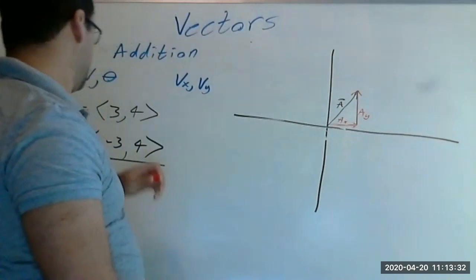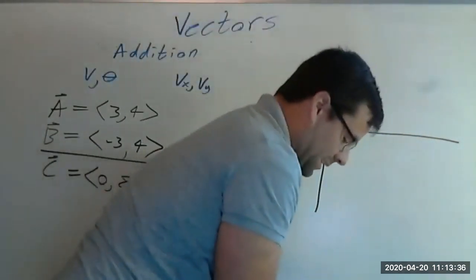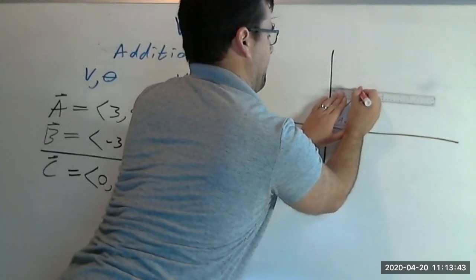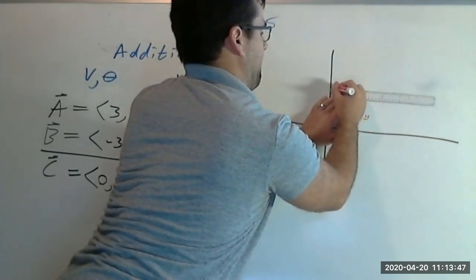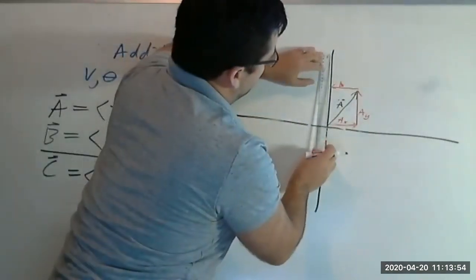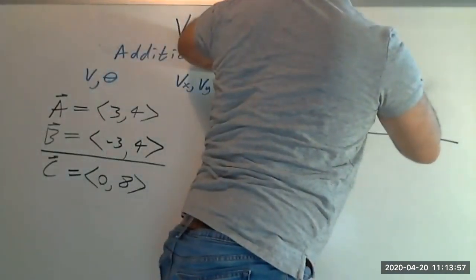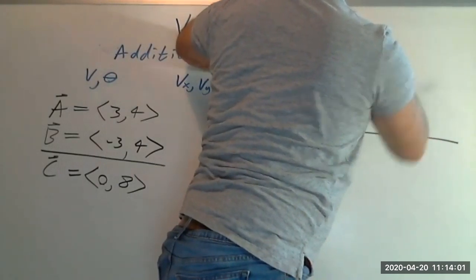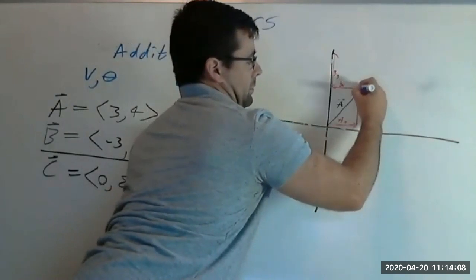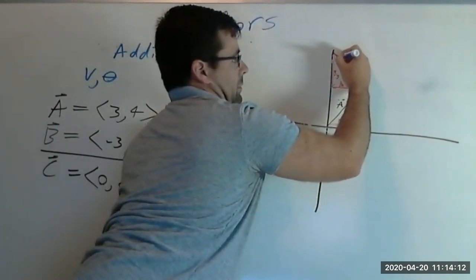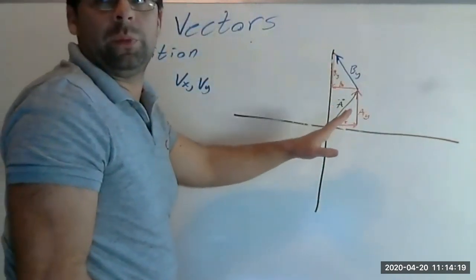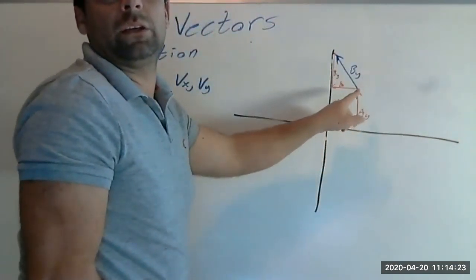Then to add B, which is 3 to the left and 4 up, so visually, A would be this black one, B is this blue one.